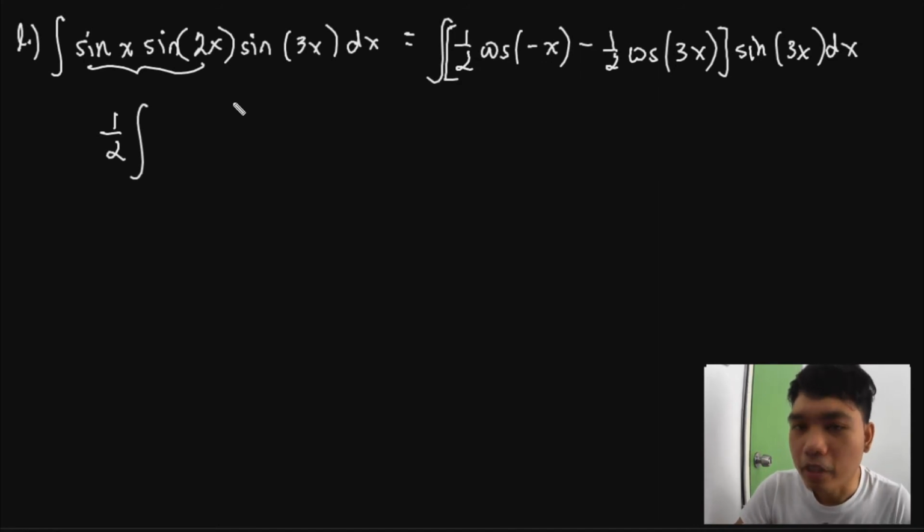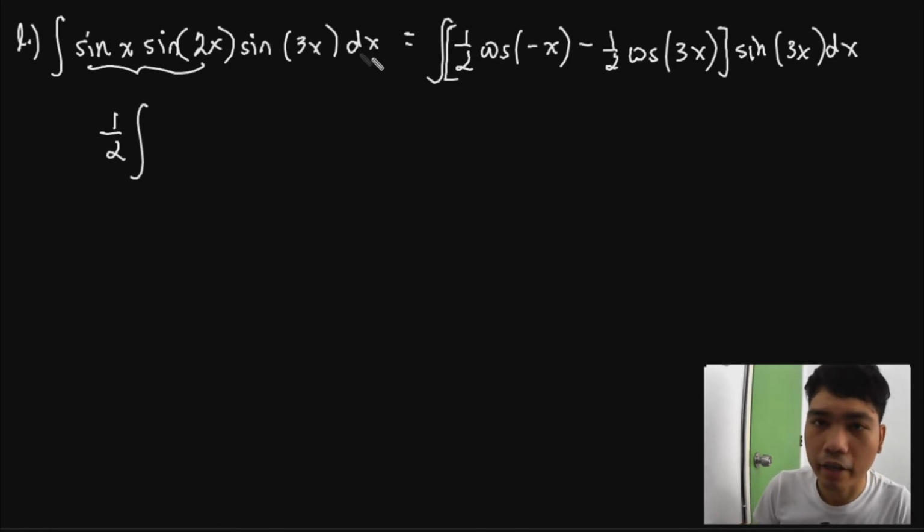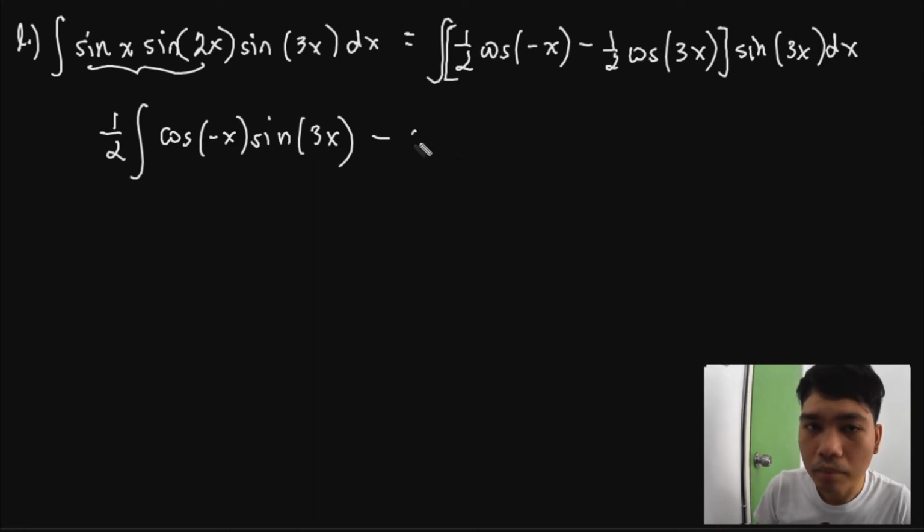Sige, I'll just be using cosine negative x just to not change anything from the first redefining. So with this case, I have cosine of negative x sine of 3x, okay, and then minus cosine of 3x sine 3x dx.